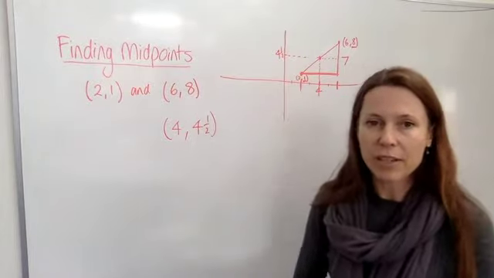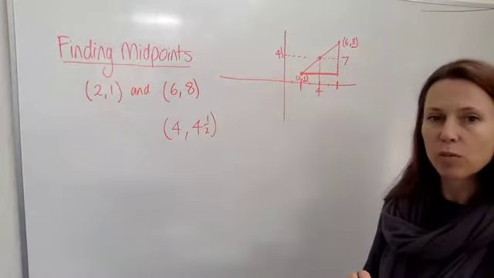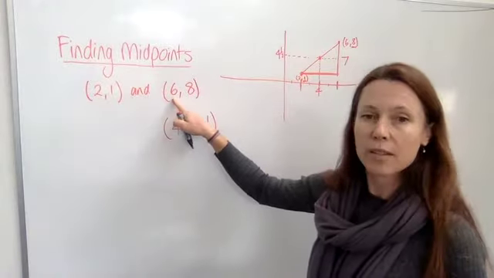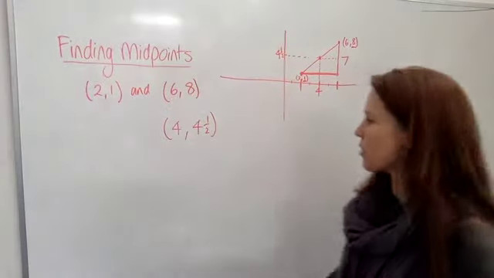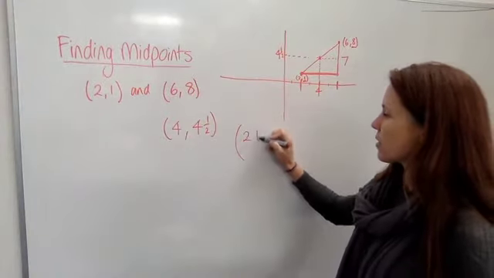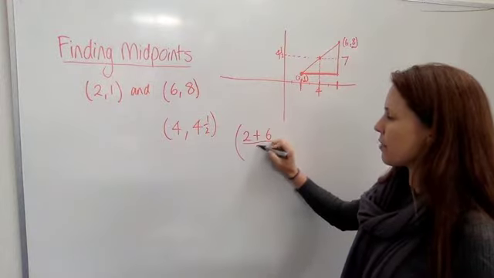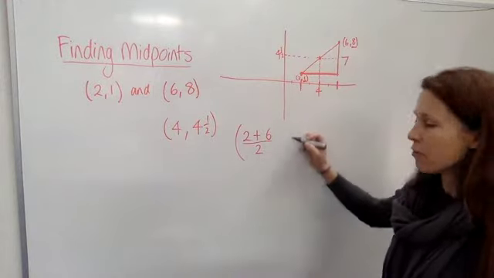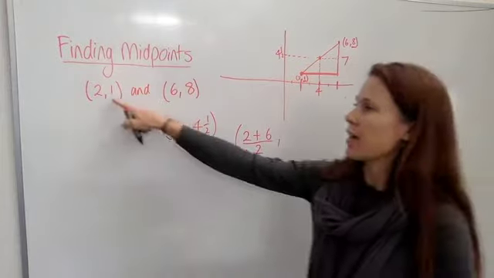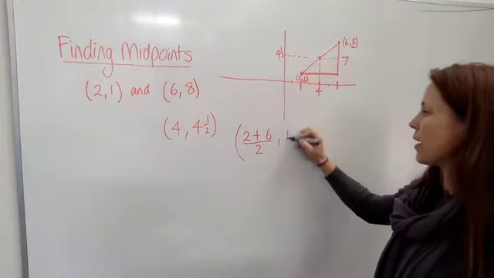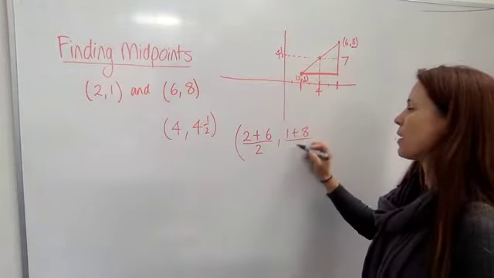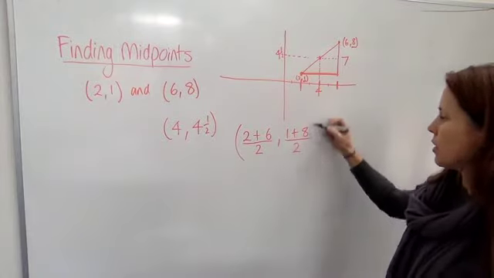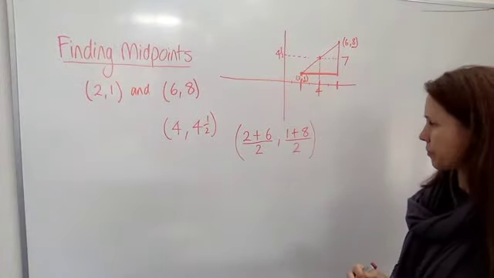Now, that's the theory. The easiest way to think it through is just: what is the average of 2 and 6? And of course, when you average something, you add the two things together and divide by how many there are. And to find the y value, what is the average of 1 and 8? Well, if you add 1 and 8 together and divide by how many things there are, 2, you can find the average that way.